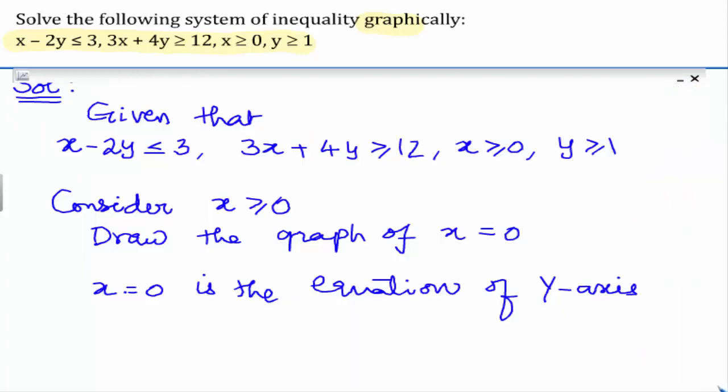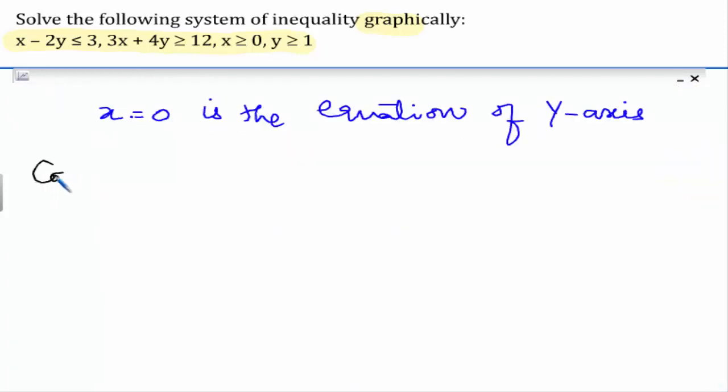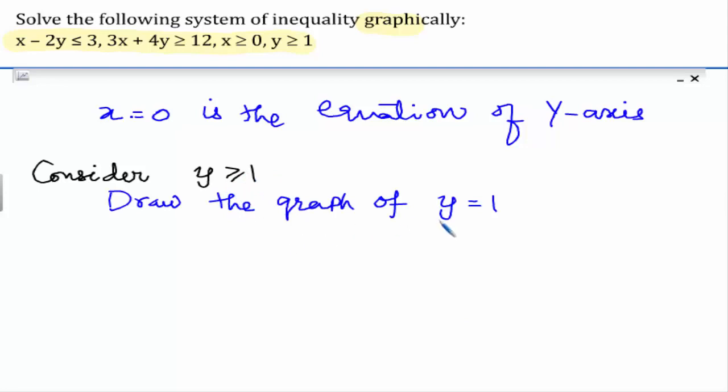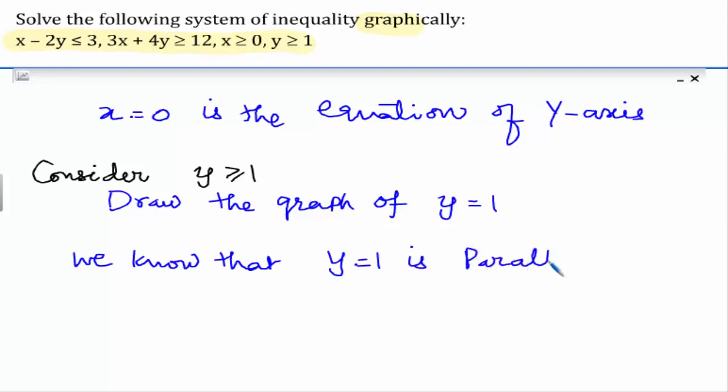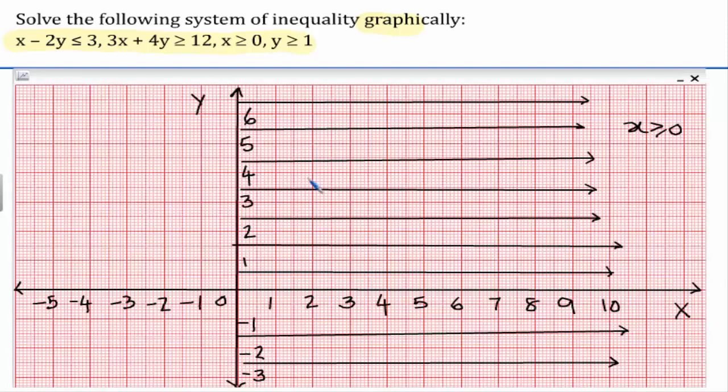Now let us consider the second one. This is y greater than or equal to 1. For the solution of this inequality, we have to draw the graph of y is equal to 1. Now we know that y is equal to 1 is parallel to the x-axis, and it intersects the y-axis at 1.